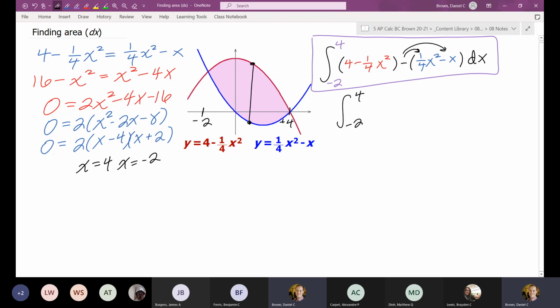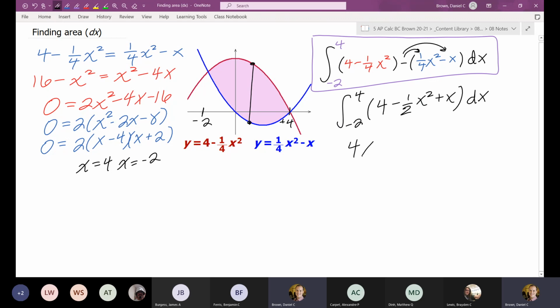So I would have 4 minus 1/4 x squared minus another 1/4 x squared, so -2/4, which is -1/2 x squared, and that will become plus x. So there's my simplified integrand.